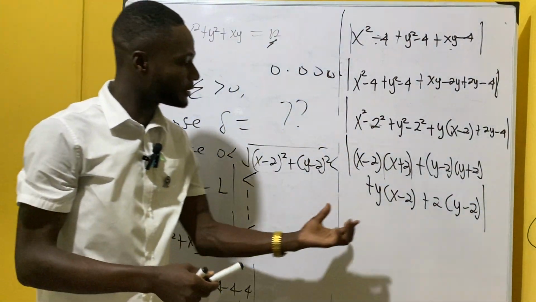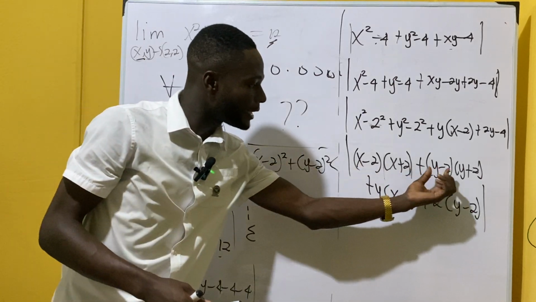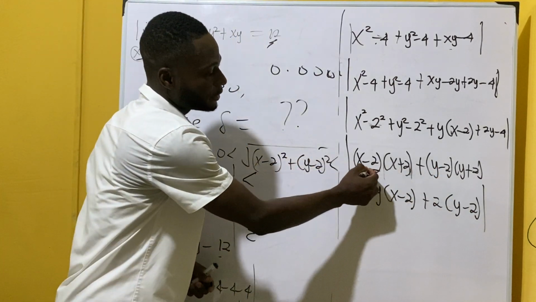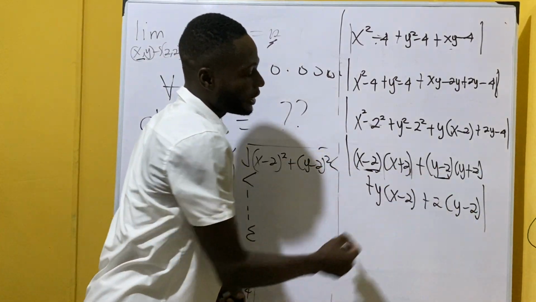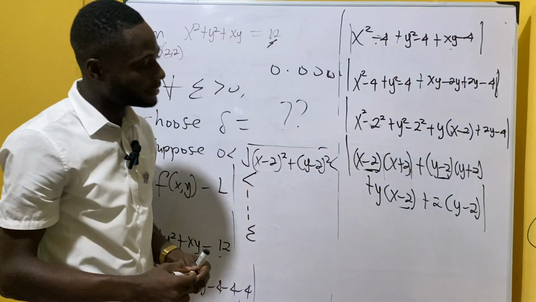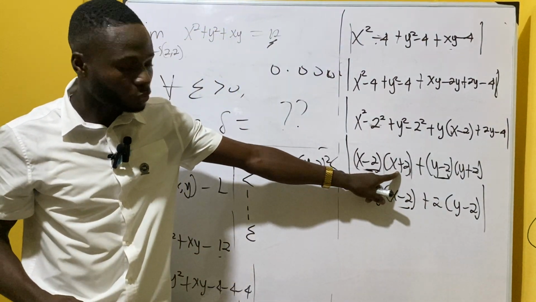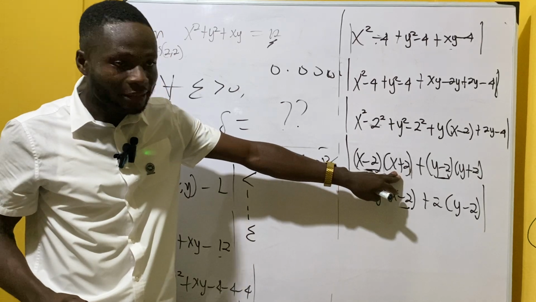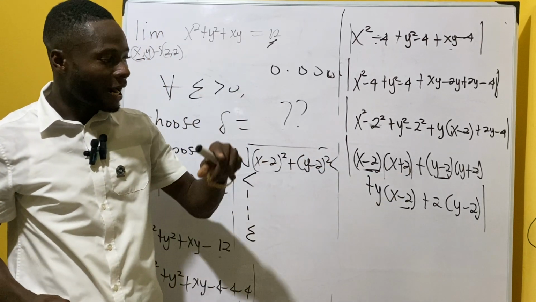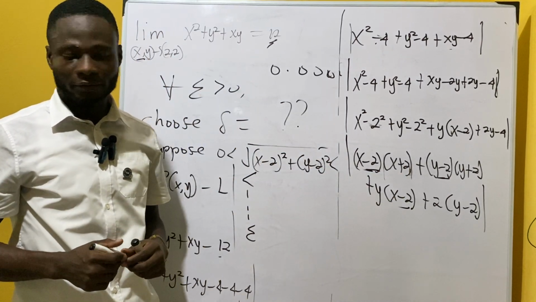So this right here, we can still break down because we can see that we are having delta here, delta here, and delta here. But we don't have x plus 2.